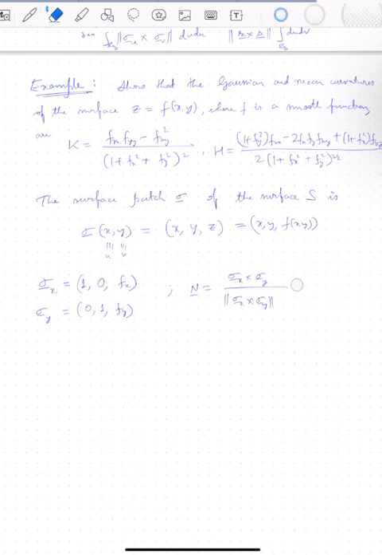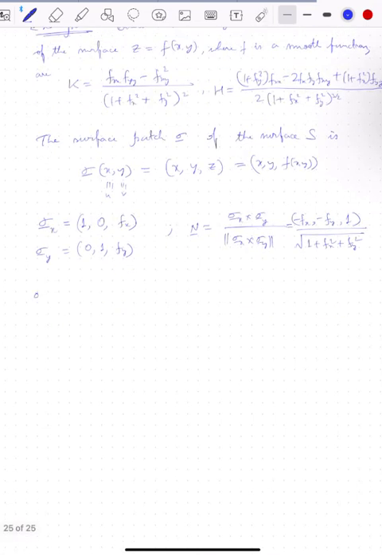And this is equal to (minus fx, minus fy, 1), divided by root over 1 plus fx squared plus fy squared, because the norm is, I'm just taking 1 as the first term in the square root expression.